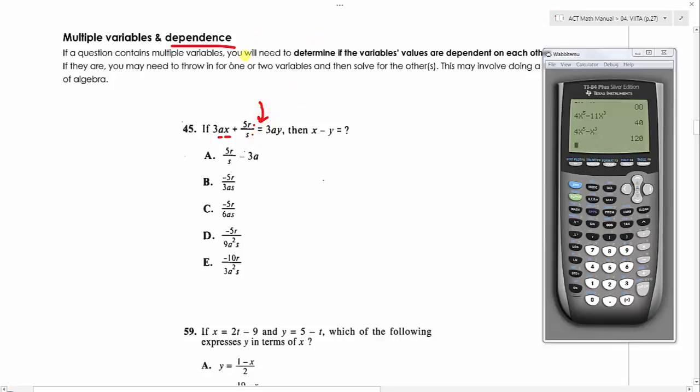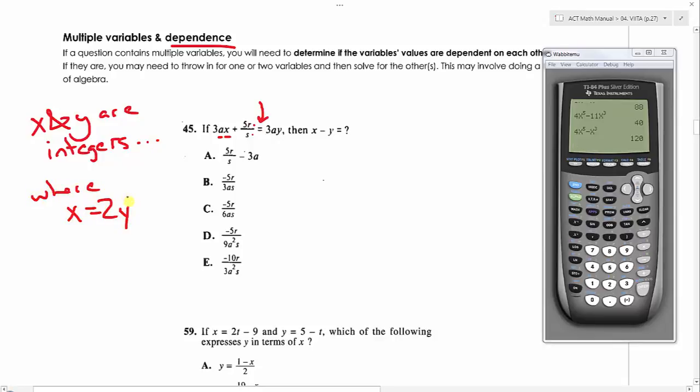You have to understand that there's a difference between a question that says something like X and Y are integers and a question that goes on to say something like X and Y are integers where X equals 2Y squared. In the first case, if we just say X and Y are integers, then we can pretty much throw in whatever the heck we want for X and Y.